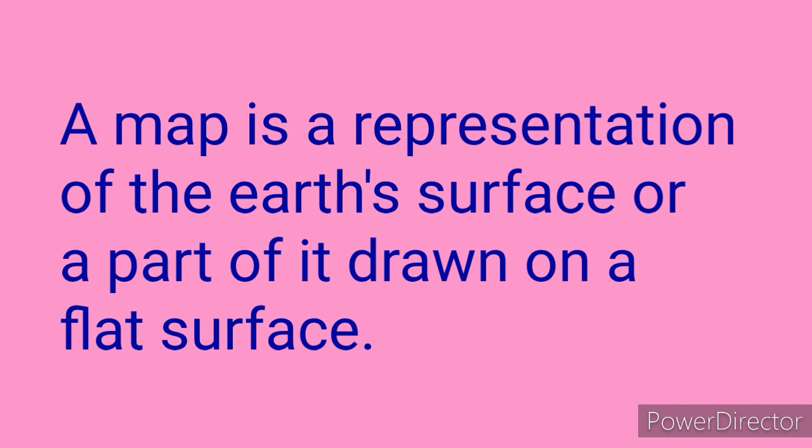Suppose there is a hospital, a school, some railway station. If you draw it on a paper, that is nothing but a map. Map of that school or whatever that place is. And if you draw about a city, routes, all the things, that is nothing but a map. So, understood what is a map?